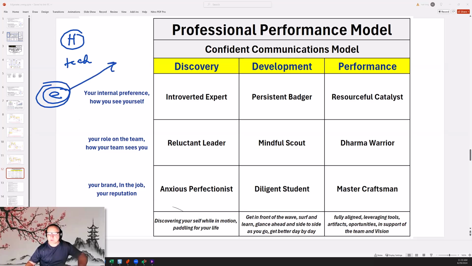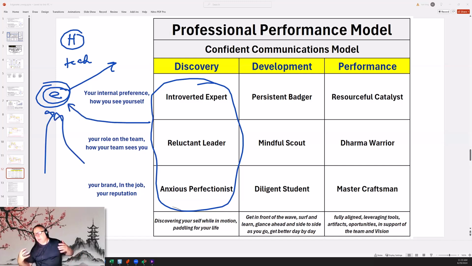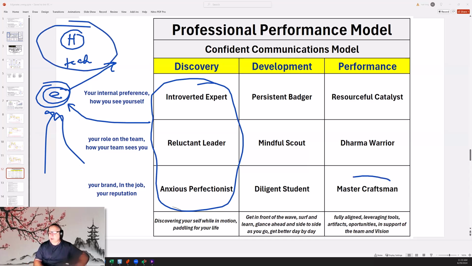And most of the work that we do inside here in this discovery phase is learn how to strengthen that internal warrior to build resilience and resourcefulness and persistence so that we can survive long enough to learn the technical skills that are pretty straightforward from the hand of a craftsman.